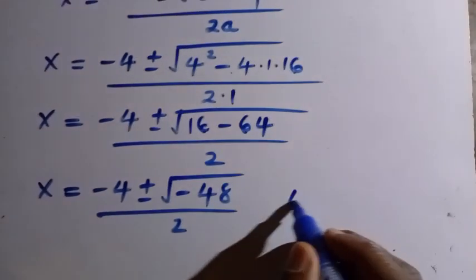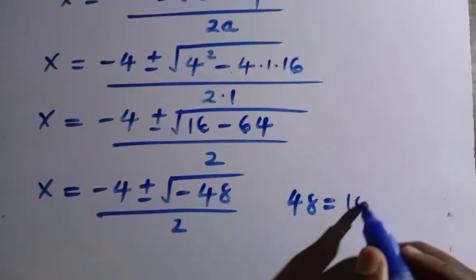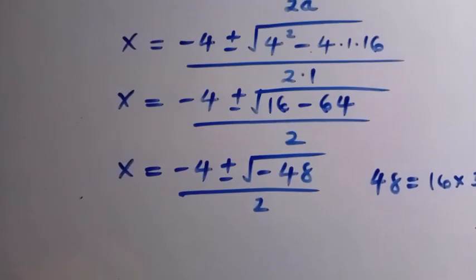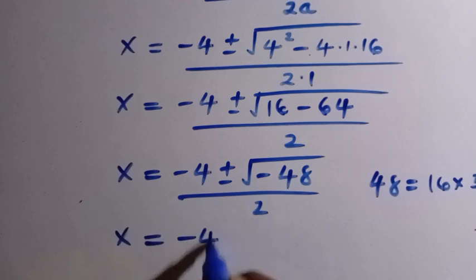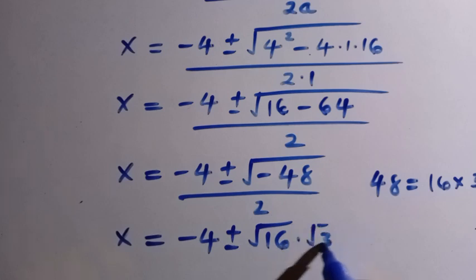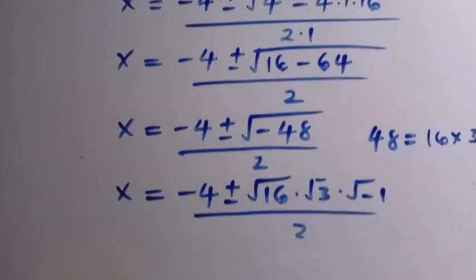And 48 equals 16 multiplied by 3. Then we apply it here, as we have our x equals minus 4 plus or minus square root of 16 multiplied by square root of 3 multiplied by square root of minus 1, all divided by 2.